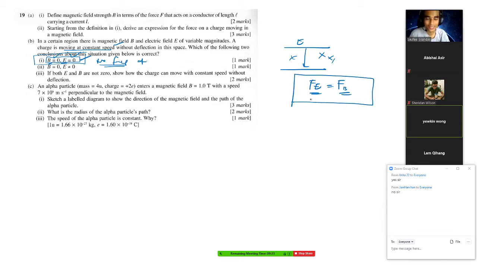It will be false. The electron will be in a straight line in either of two ways: either E is 0 and B is 0, so there are no forces of B and E, or the force of E equals the force of B, so both cancel each other. So this electron will be moving in a straight line.